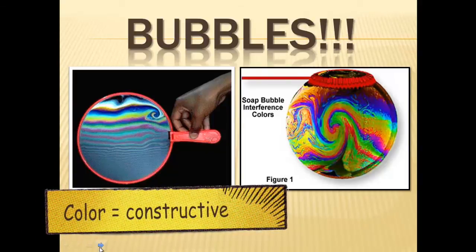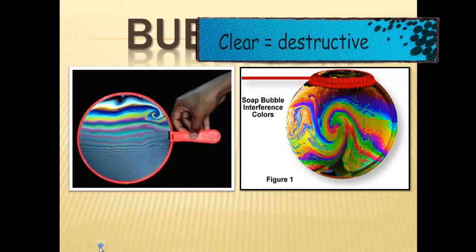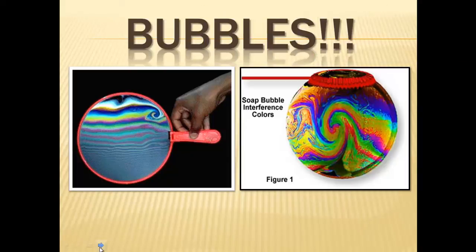And when that occurs, the interaction between the wavefront that's coming out of the soap and the wavefront that's coming from the reflection in the air results in these different colors that you see. If you look at the clear portions of soap bubbles, that's actually a demonstration of destructive interference because all of a sudden they are back in phase, and when, as I said before, waves are in phase, the result is going to be destructive interference.